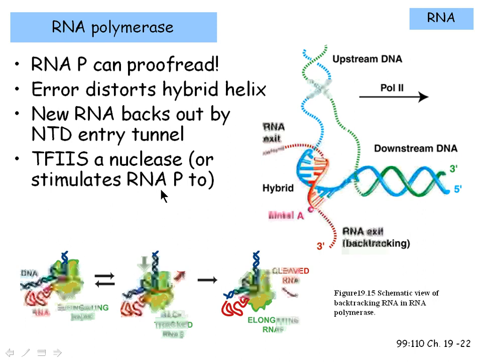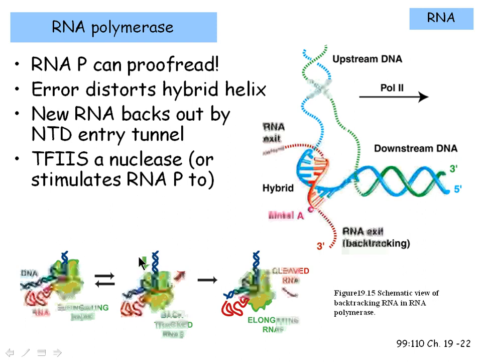Now, we've talked about how DNA replication involves some proofreading, that the DNA polymerase can correct some errors. We're going to see in protein synthesis that there is some proofreading in that process. And it has been recently found out that RNA polymerase can also proofread.